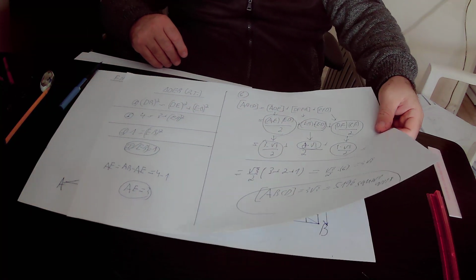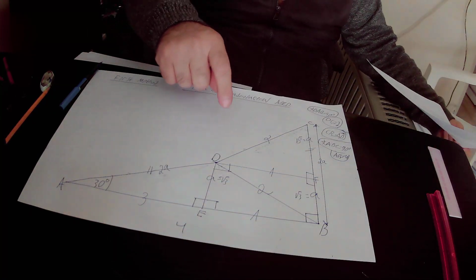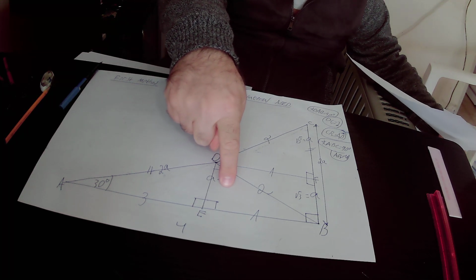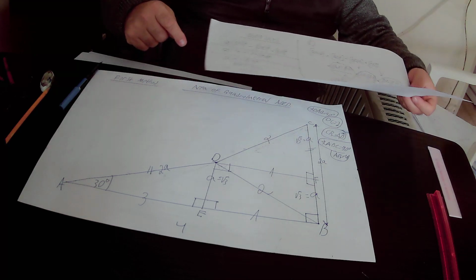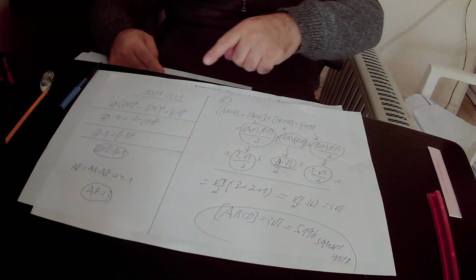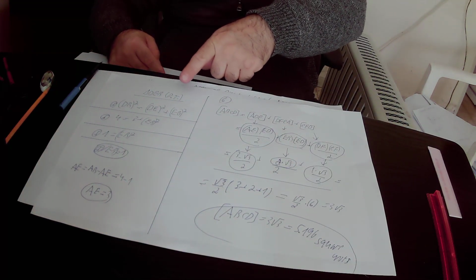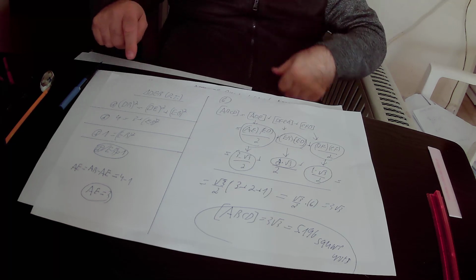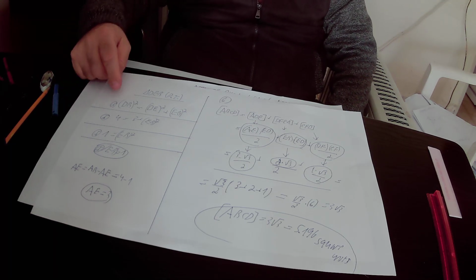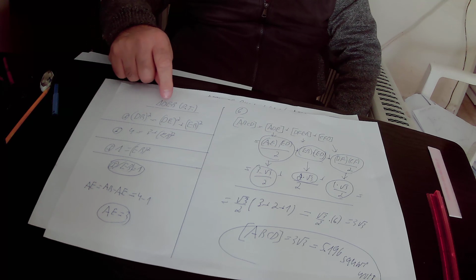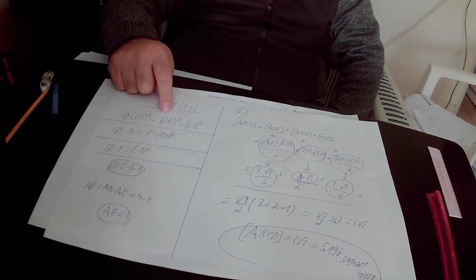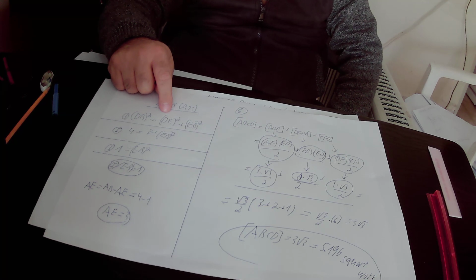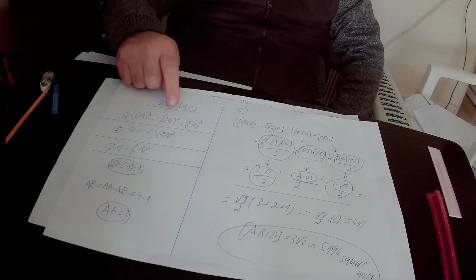Then we focused on the right triangle, triangle DEB. We implemented the Pythagoras theorem on this right triangle. According to the Pythagoras theorem, DB squared equals DE squared plus EB squared. DB equals 2, so DB squared is 2 squared, which is 4, and it equals DE squared. DE is square root of 3, so DE squared is 3, plus EB squared.